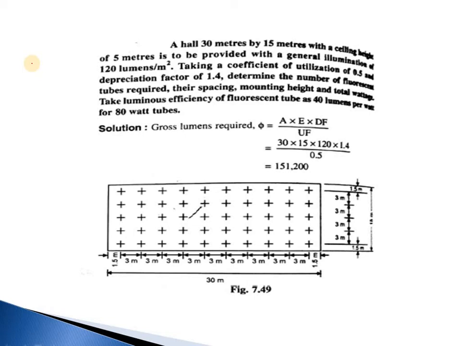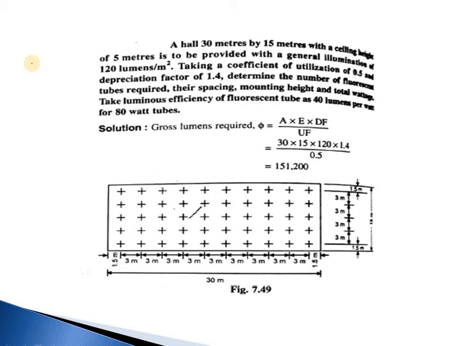A hall of 30 meters by 15 meters with a ceiling height of 5 meters is to be provided with a general illumination of 120 lumens per meter square.